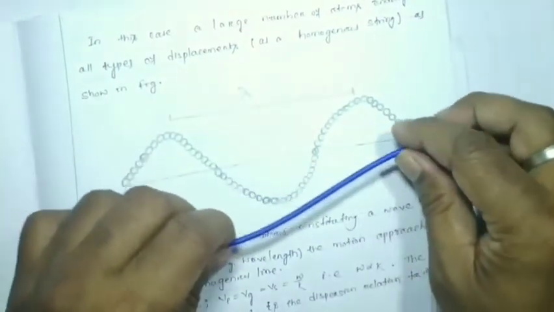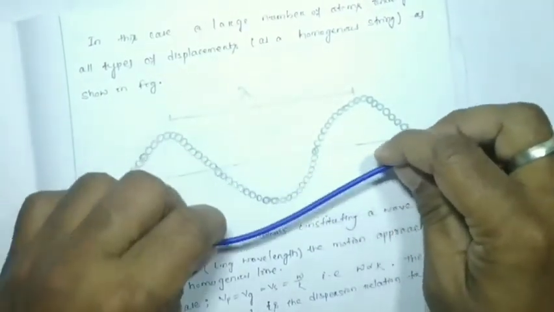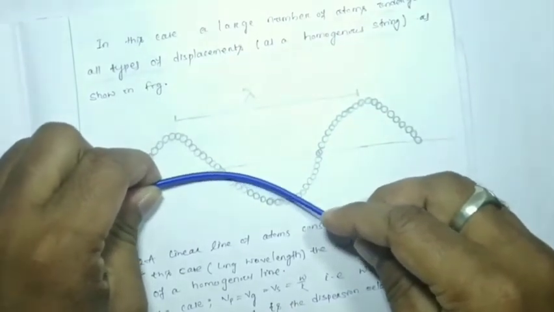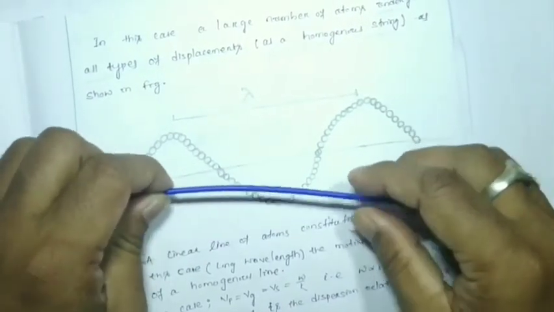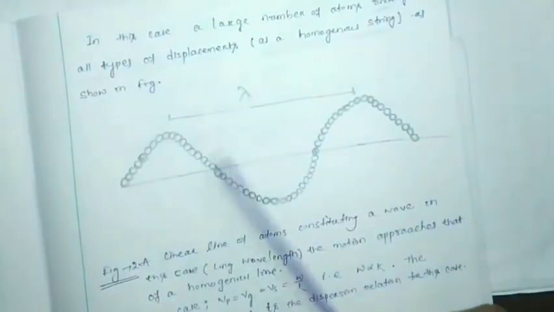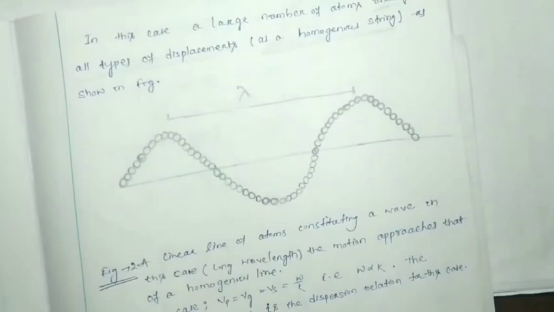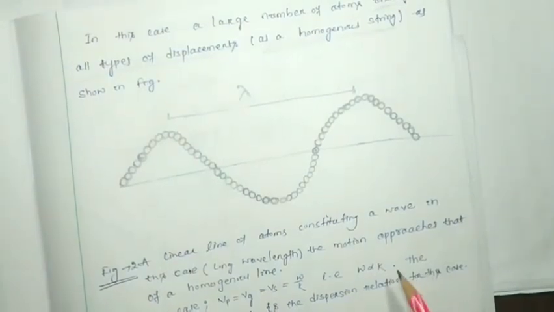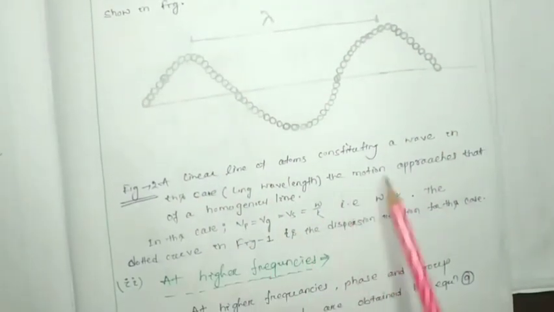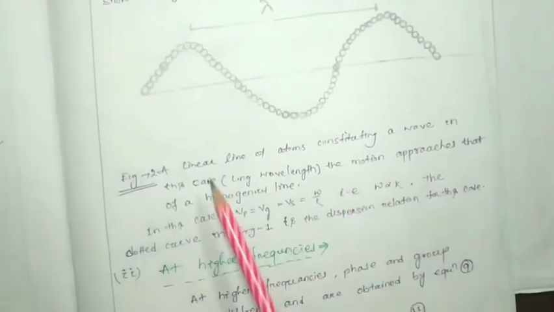It looks like a wave in a string. In a homogeneous string, that type of wave will be produced inside the crystal at low frequency. So this is the representation of the motion approach for a homogeneous line that I have explained.